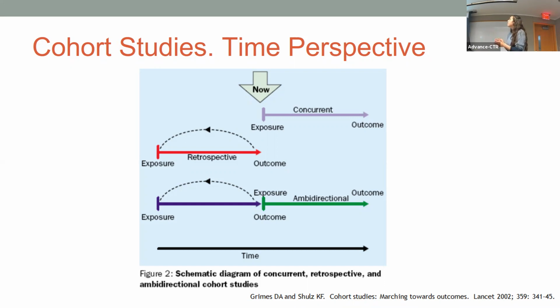But in an ambidirectional study, you might then want to follow the participants from this retrospective cohort study, which is the purple arrow in that third section. You might want to follow them to see with the green arrow who develops a long-term outcome of this potential exposure. So an ambidirectional study essentially is a combination of the prospective and the retrospective cohort study.